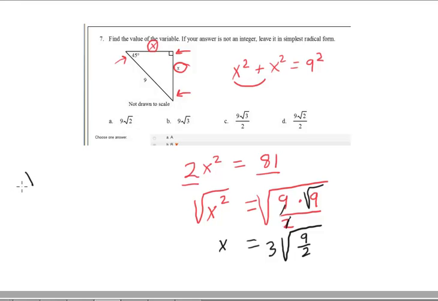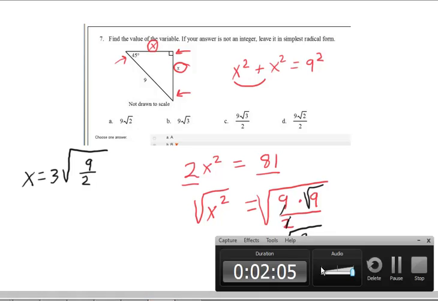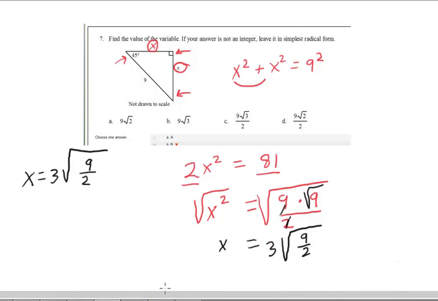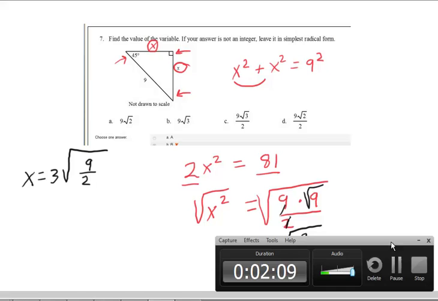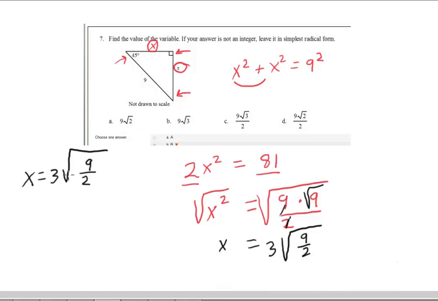So now we have x equals 3 times the square root of 9 over 2. And of course, oops, oh yeah, what's going on? Okay, so we know the square root of 9 is 3, so 3 times 3 is 9.